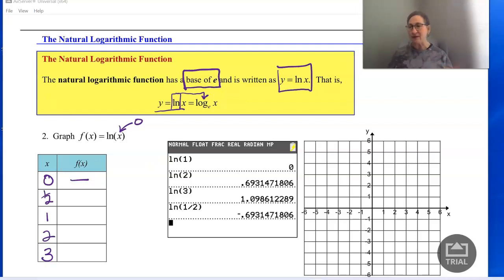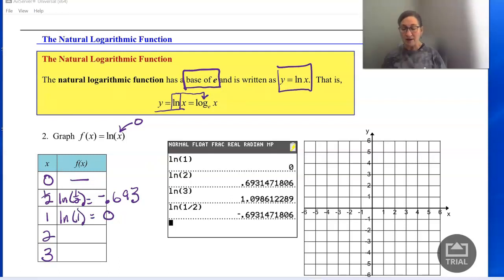When I put 1/2 in for my natural log, so natural log of 1/2, that's going to give me negative 0.693. It keeps going, but I just rounded. Okay. Then if I go ahead and put in a 1, so natural log of 1, that's going to give me a 0.